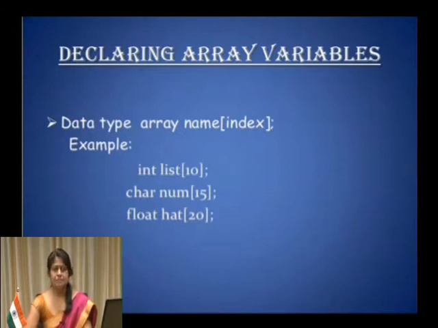And the third example, as you see, is float hat[20]. Hat is the array name, which consists of a set of floating point numbers, and the maximum could be 20. All that would be a sequential allocation as you had seen earlier.